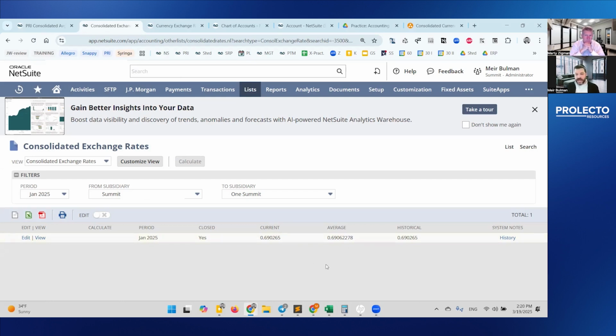So if I were to run a consolidated P&L for year to date through March 2025, what you'll see there is that my March amounts are translated at March's rate. My February movement remains translated at the February average rate, and the January movement is translated at January's average rate. So it's almost like this is permanent in terms of that period's activity.